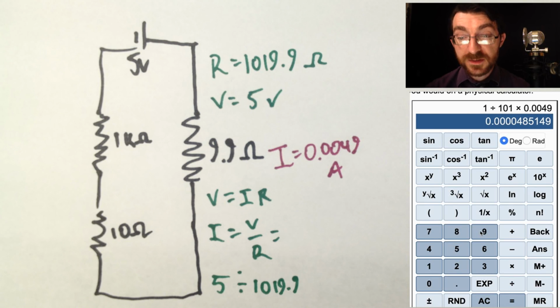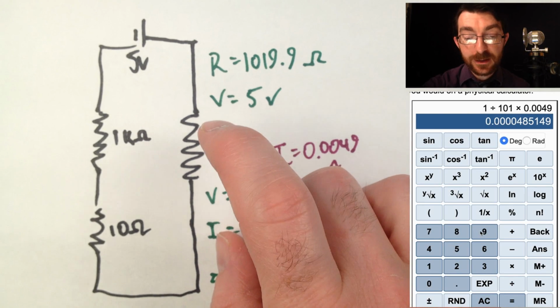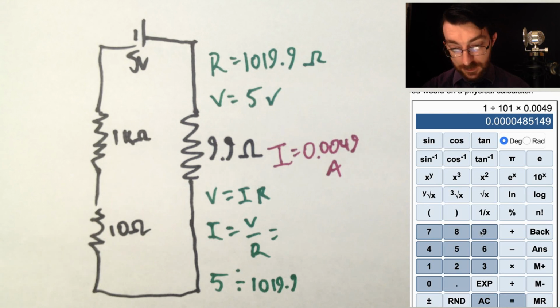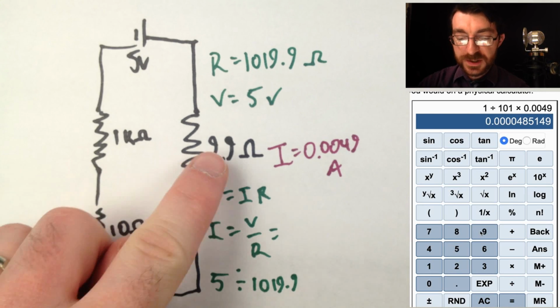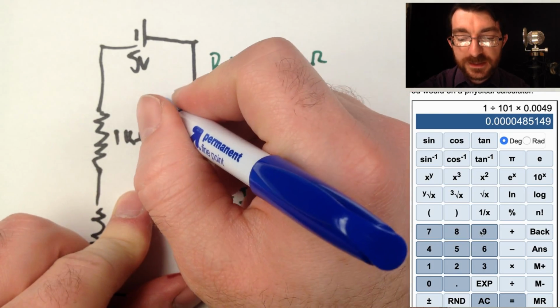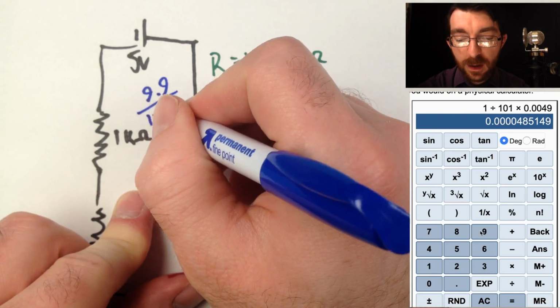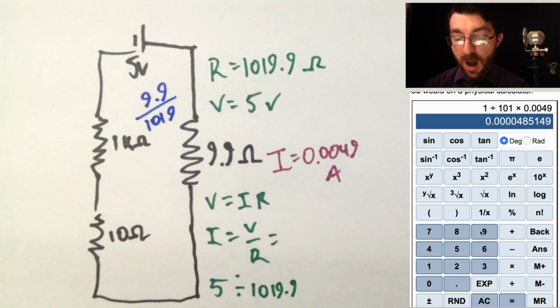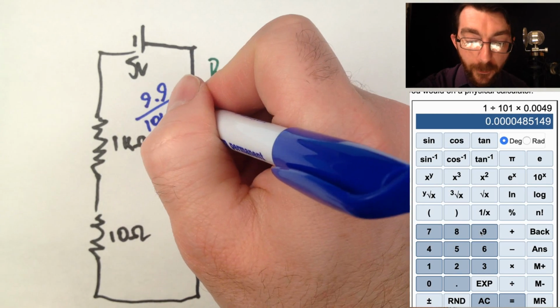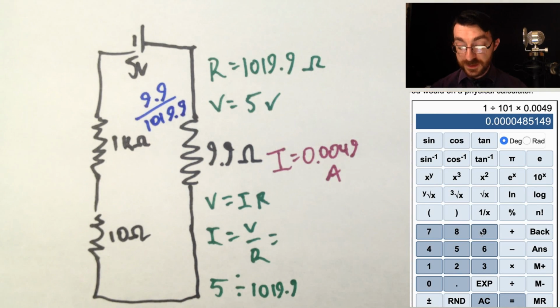So the total resistance of this circuit was 1019.9. How much of that resistance is in this resistor? Not very much. This particular resistor only possesses 9.9 out of 1019.9 of the circuit's resistance.